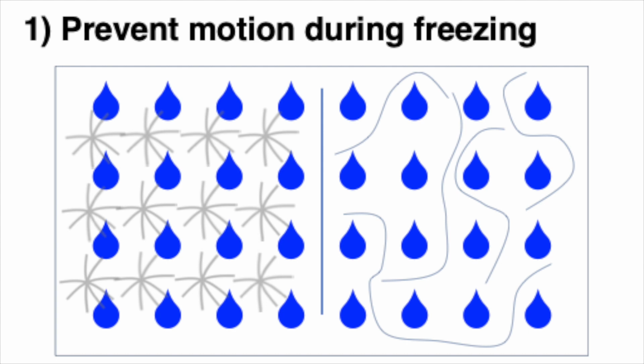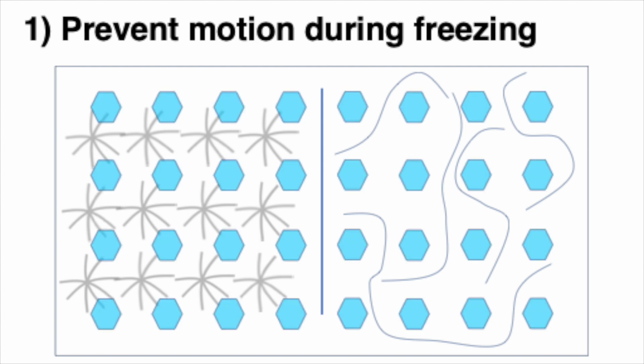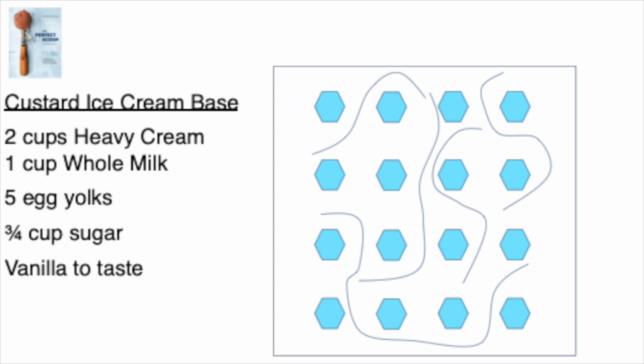In my class, we talked a lot about hydrocolloids, and there are several different kinds of hydrocolloids that we can use to slow down water motion, so that when our ice cream freezes, we get really tiny ice crystals and really smooth ice cream. Okay, so let's take a look at a couple of different recipes that use different kinds of hydrocolloids, different kinds of thickening agents, to slow down water motion and to control the way our water freezes.